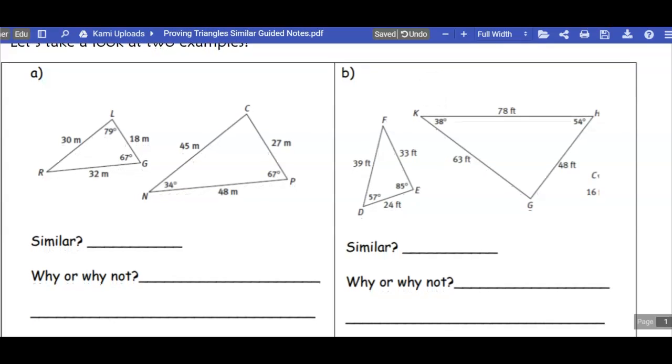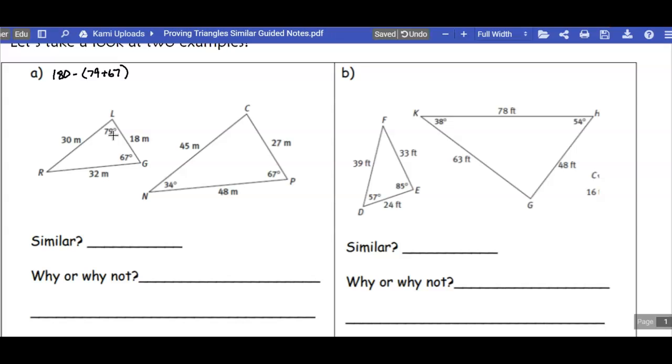In the first triangle, we have two angles, one that's 79 and one that's 67. Let's find the third angle there. I'm going to add up those two angles and subtract from 180.